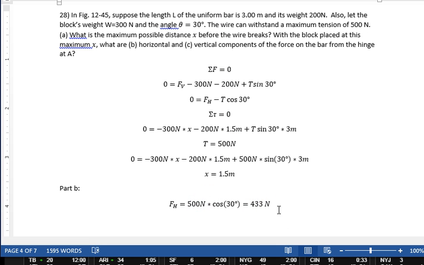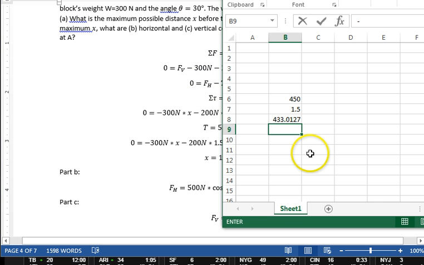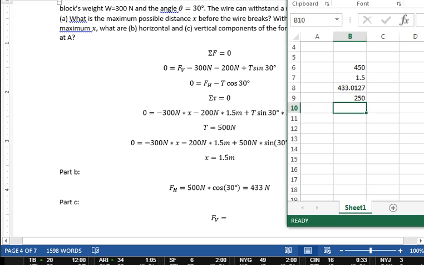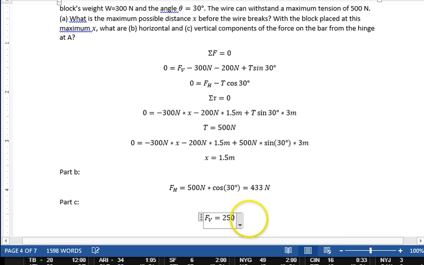And then part C, the vertical component, is going to be 500 newtons minus 500 times sine of 30 degrees. It's 250. All right, that makes sense. Okay, and that's it for problem 28.